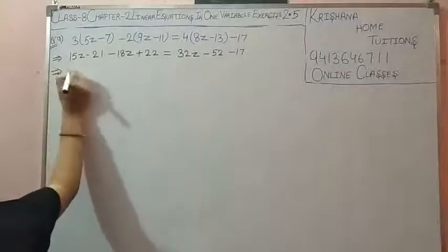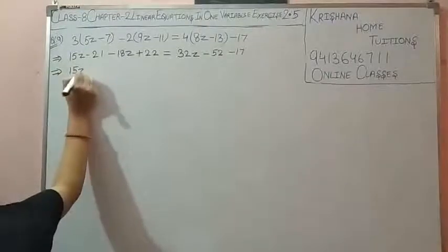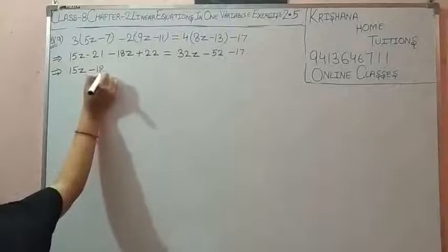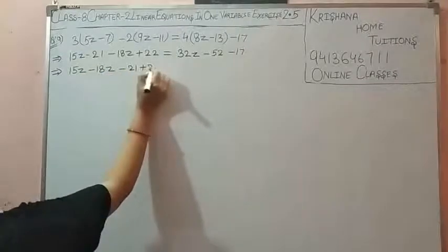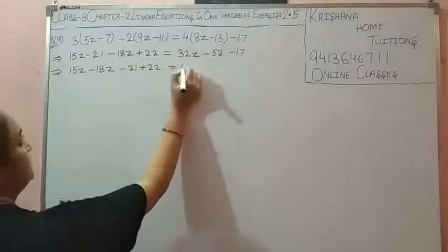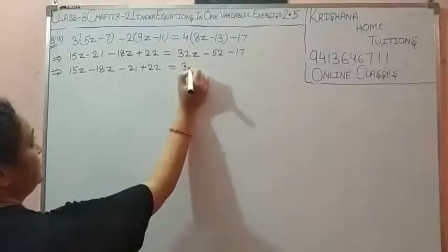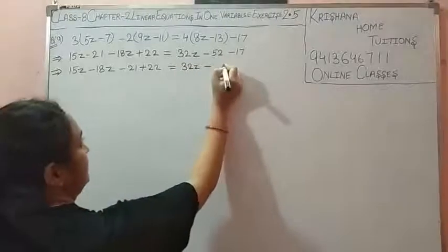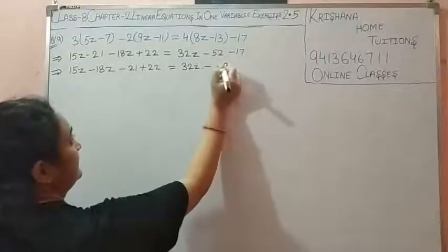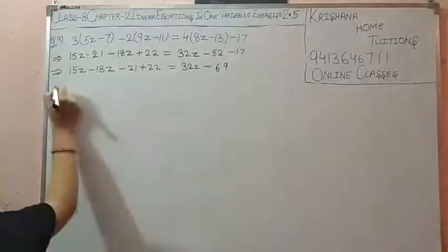Now I am writing the terms which are in variable: 15z minus 18z minus 21 plus 22 is equal to 32z, minus 52 minus 17. I am adding it, 69.